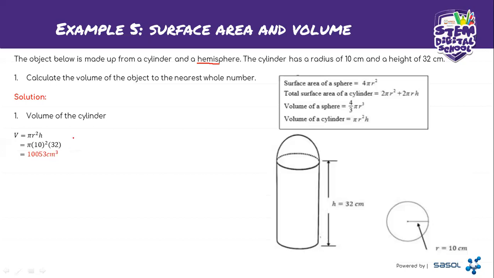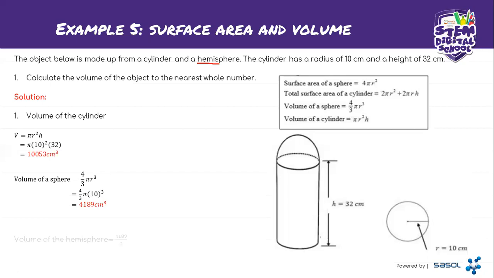Then from there, we calculate the volume of a sphere, because we don't have a specific formula for a hemisphere. But since we know that a hemisphere is half of a sphere, it's proper to calculate the volume of the sphere first, which gives us 4,189 centimeter cubed.